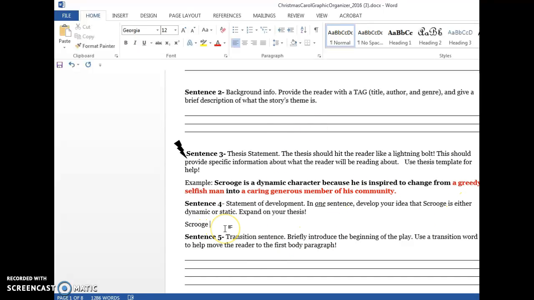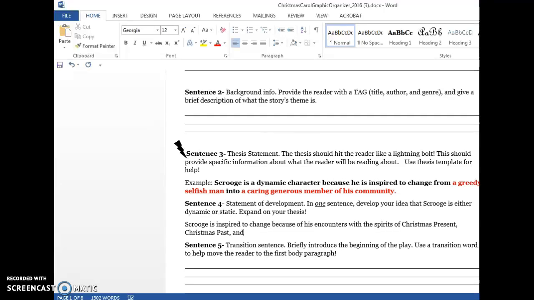Here is where I'm going to say Scrooge is inspired to change because of his encounters with the spirits of Christmas present, Christmas past, and Christmas yet to happen.